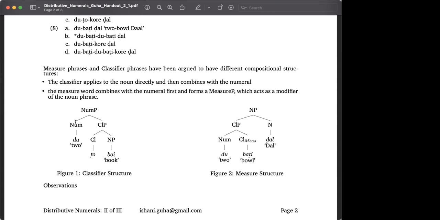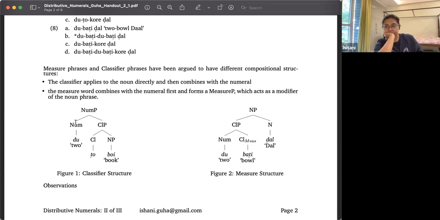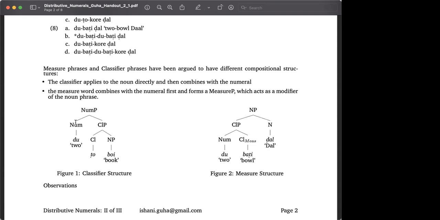This intuition is arguing for a certain specific realization of the classifier structure, actually. Because adjunction, if that's an instance of pair merge, then those structures are typically in an unlabeled relation.